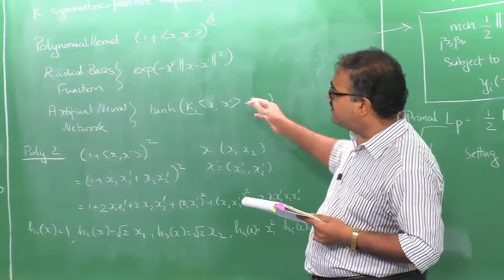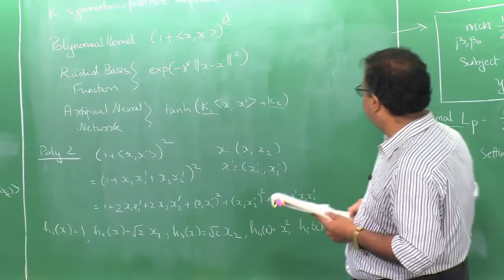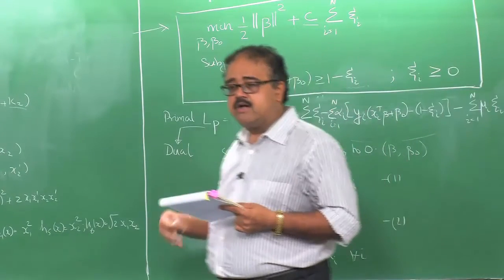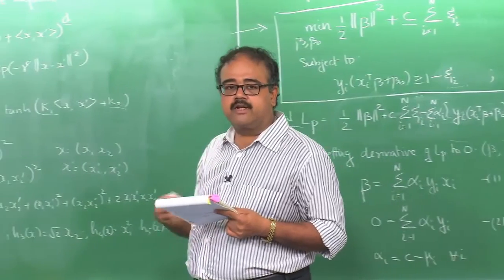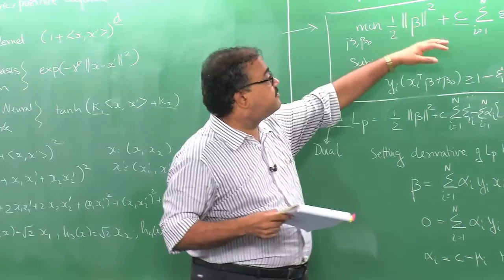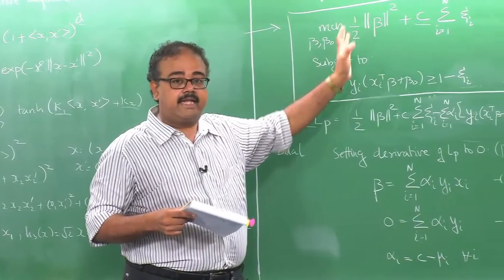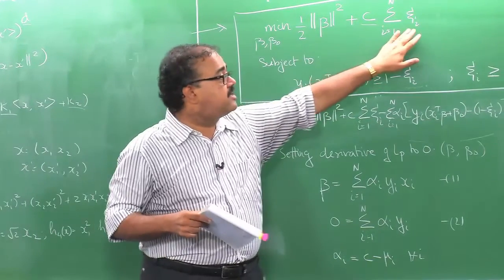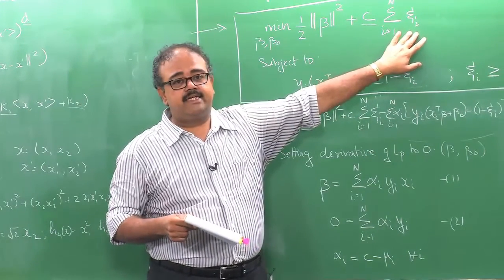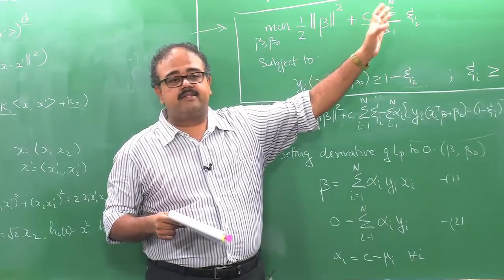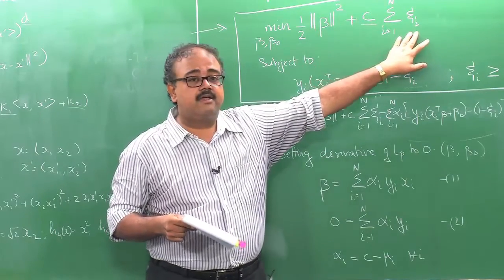Right. So apart from this, you still have one further parameter that we will have to worry about, which is this constant C, right. So this tells you how much slack you are willing to tolerate. If you think about it, if C is very large, if C is infinite, then you have to be in the completely separable case, because even a very small value of zeta will cause this objective function to become very large, even for a small value of zeta.